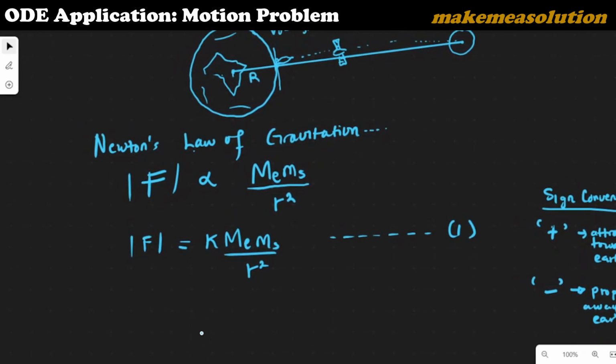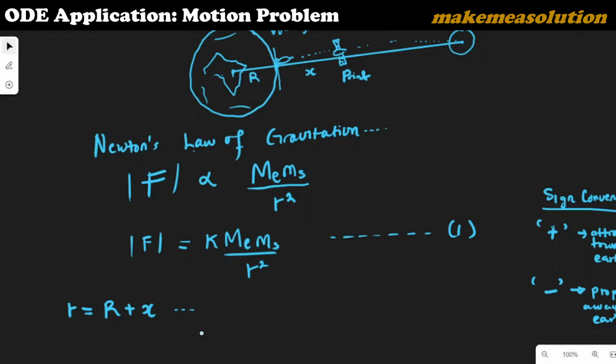Now I want you to take note of this parameter r here. This parameter r is actually going to be R plus x. And somebody will ask me, why is it R plus x? So assuming the satellite has gotten to this point now, you can call the distance from the surface of the Earth to this particular point x, because we want to express it in terms of x.